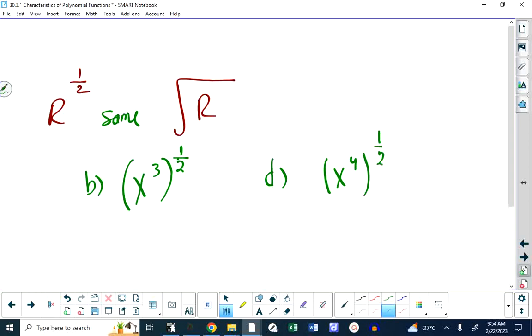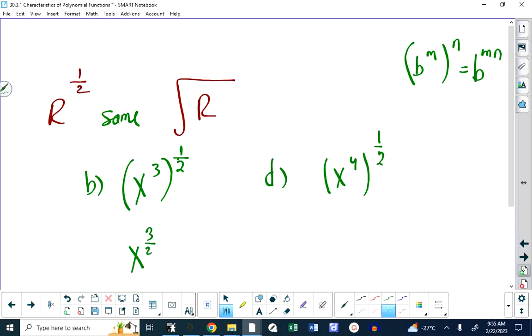Well, you've learned in various courses, grade 9 and 10, that when you have a base raised to an exponent and then the entire thing is raised to an exponent, you multiply the exponents. When I take 3 times a half, I get 3 halves, or 1.5.